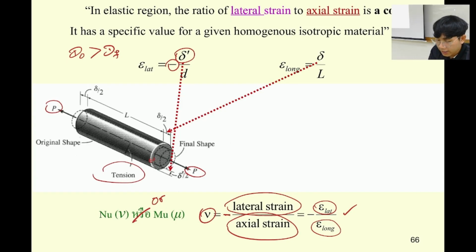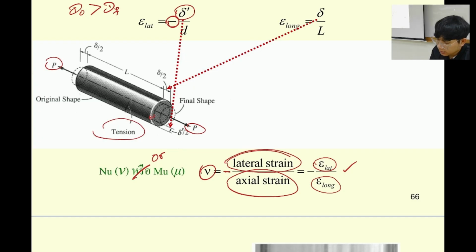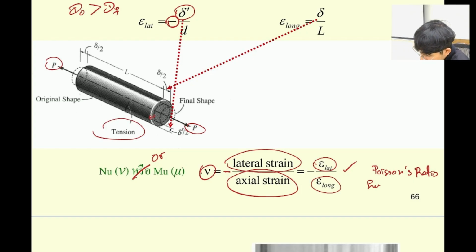So if one axis has a minus sign, when we multiply together in the big equation of Poisson ratio, this is going to be positive, which means Poisson ratio is a unitless parameter which has a positive value. Okay, so if you give me a Poisson ratio that is negative, you are wrong. So please recheck it.